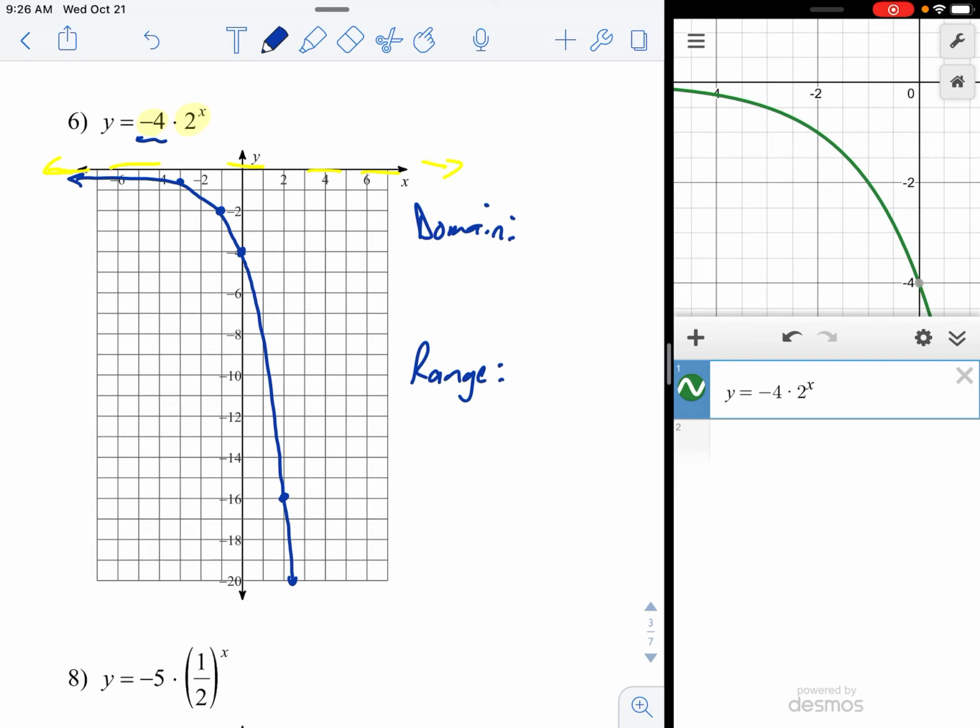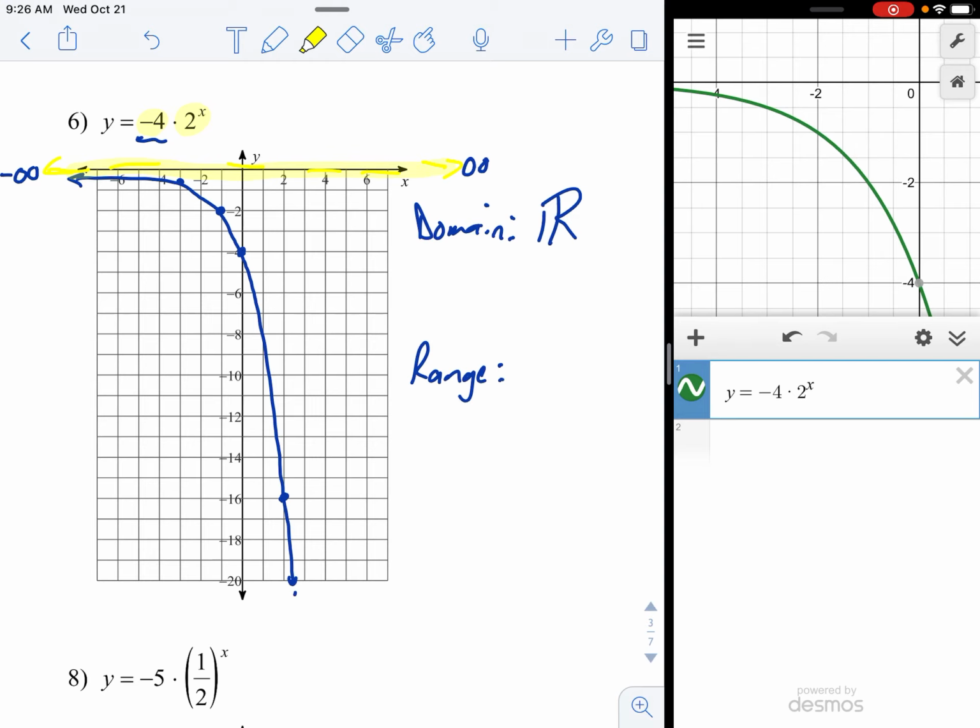All right, so the domain, again, this graph goes to negative infinity, x value on the left, positive infinity on the right. Again, it looks like it goes vertical, but it does keep angling outward forever. So it does go from negative infinity to positive infinity, or what we call all real numbers. Now this time the range, the highest value it gets is 0, but it actually doesn't reach that asymptote.